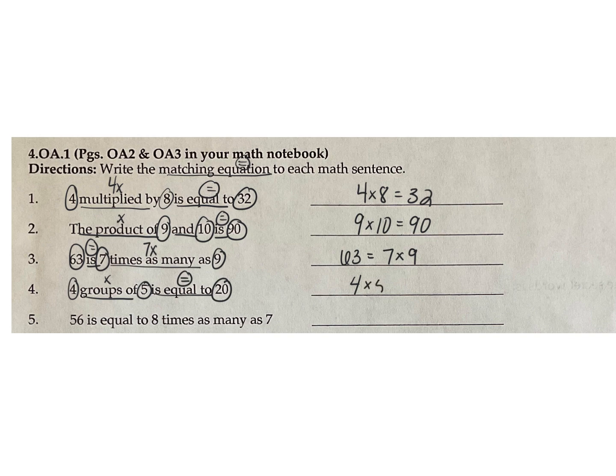We're keeping the order the same because they match. And last, 56 is equal to 8 times as many as 7. That means 8 times.